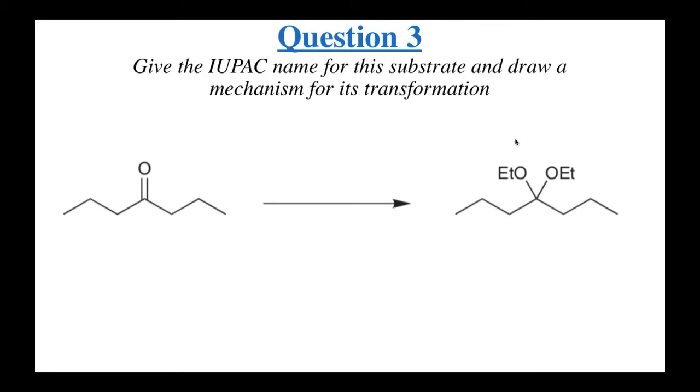I'm going to stop sharing the screen. And I want you all to take out your sheets of paper and be solving it with me. I want you to practice drawing these structures. So we have 4, 5, 6, our ketone.